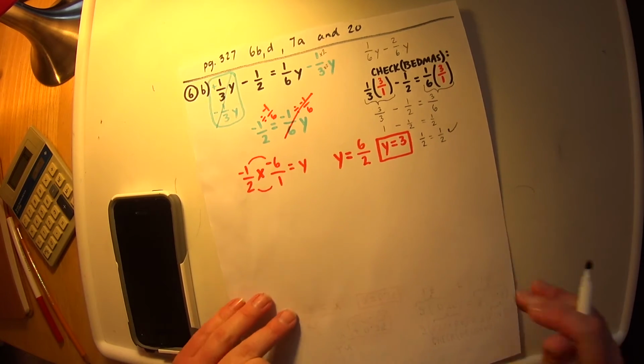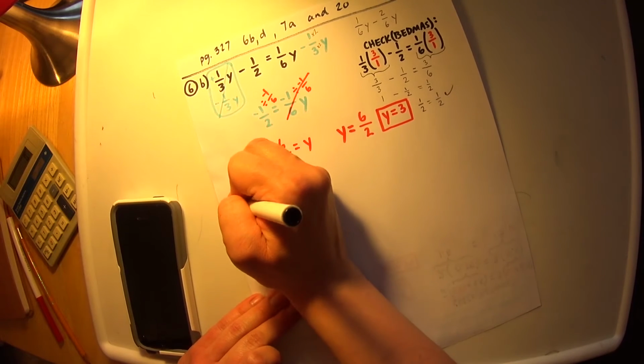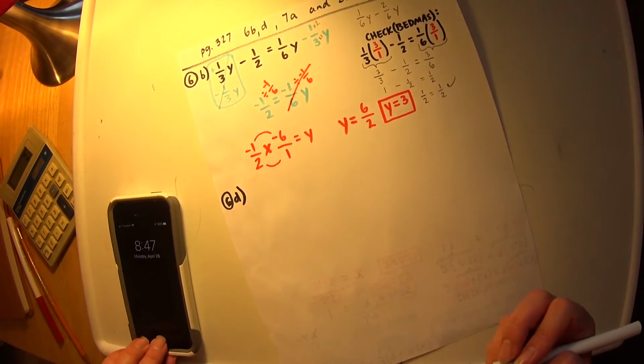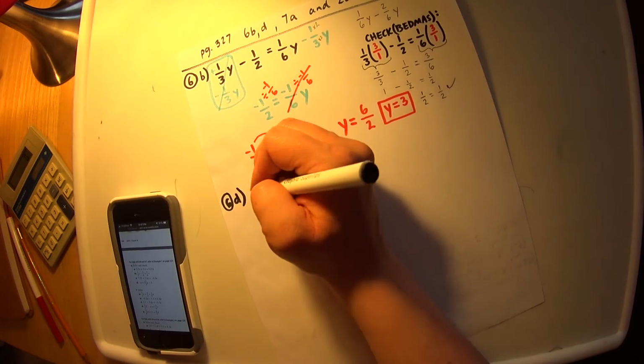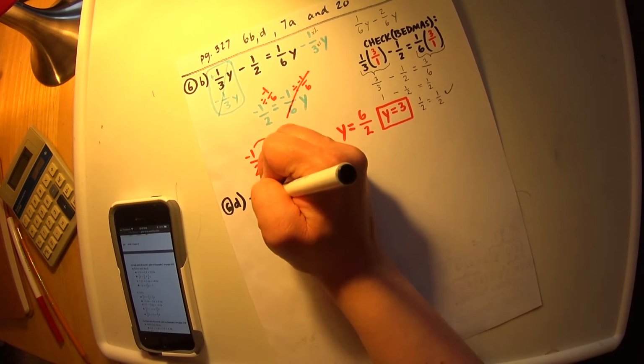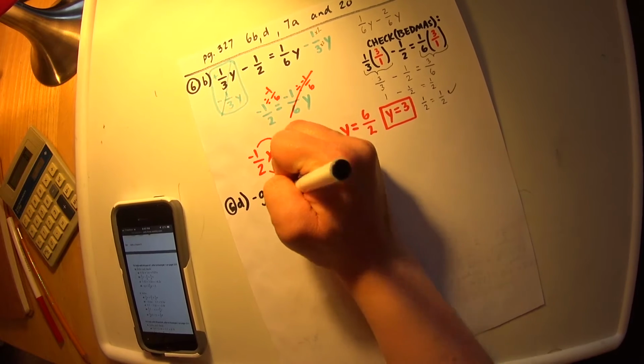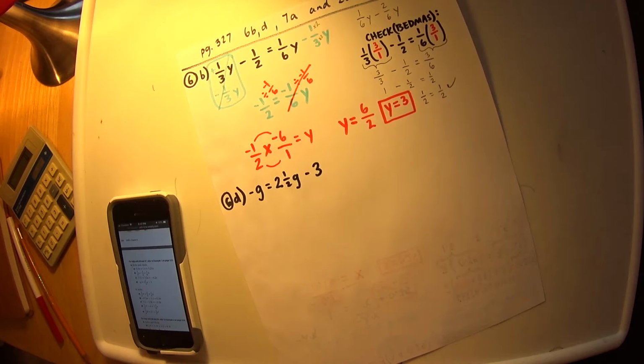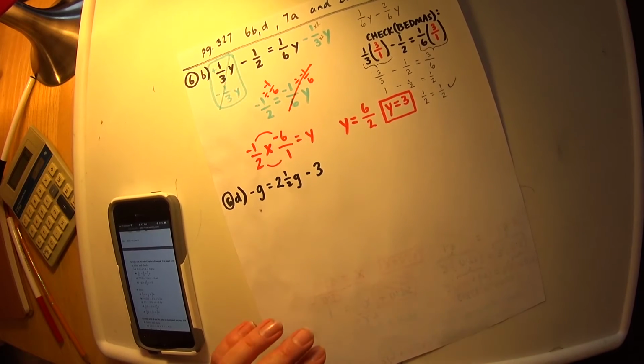Okay, next question. 6D now. I've got negative G equals 2.5 G minus 3. First thing, variables on both sides, that's no good.